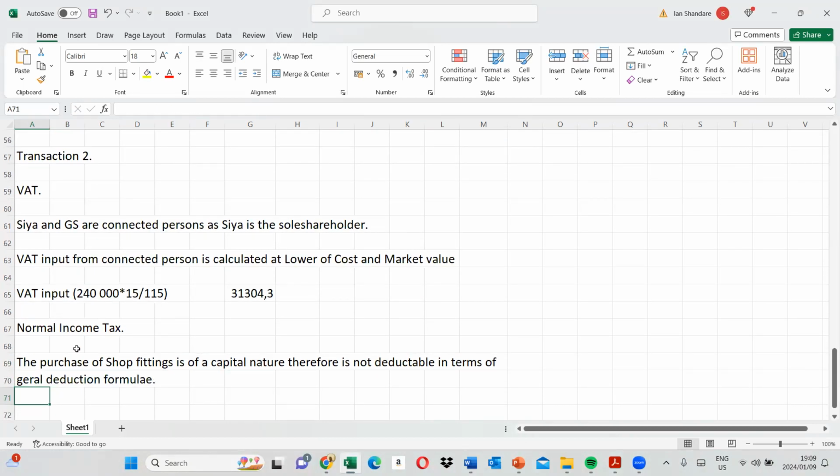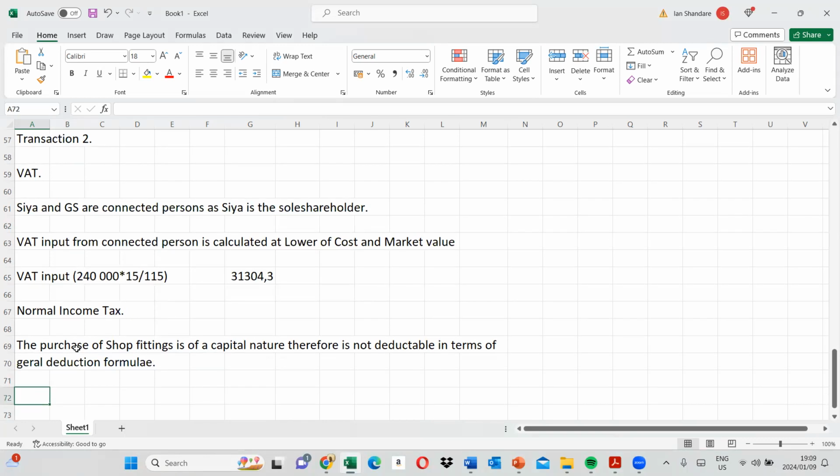So in this case, we don't have any deduction. And then we look at allowances on shop fittings.